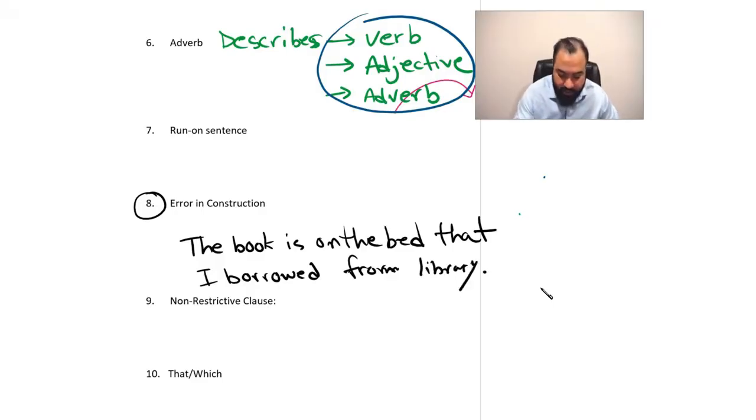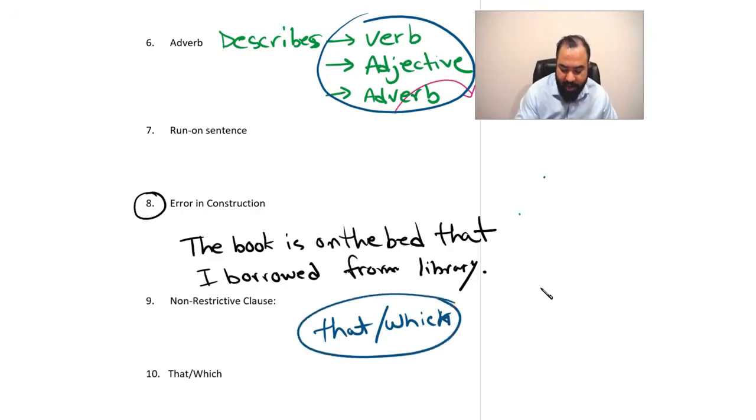So the book is on the bed that I borrowed from the library. Now look at this sentence very carefully. How does it sound? Remember, when you use the word that or which, these two words describe the noun or the clause right next to it. Whatever is next to it, that's what it describes.